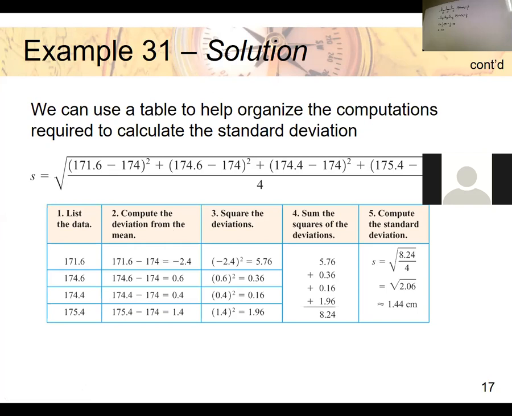In other words, you're going to take each individual data value and subtract the mean. So for 171.6, the deviation would be that data value minus 174. So 171.6 minus 174 would give you negative 2.4.